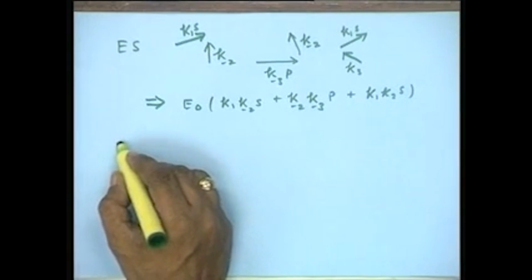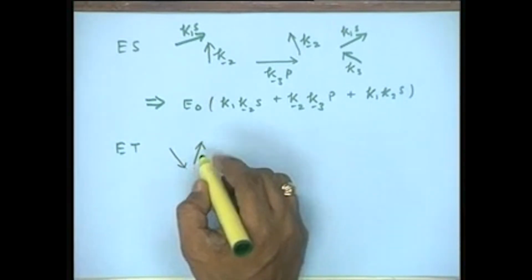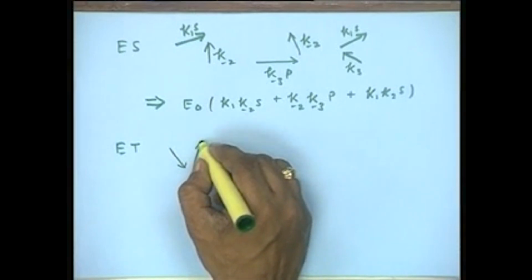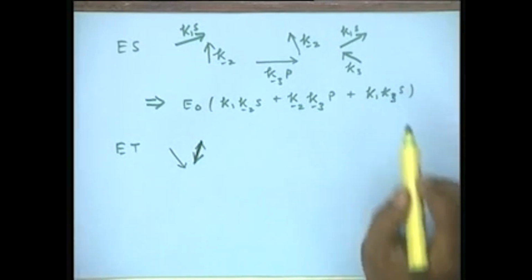In the same fashion for Et, we will come out to be, oh sorry, the other way. So the last is K1, K3. Pardon? Last one is K1, K3.